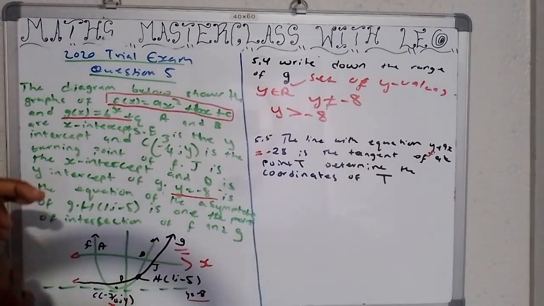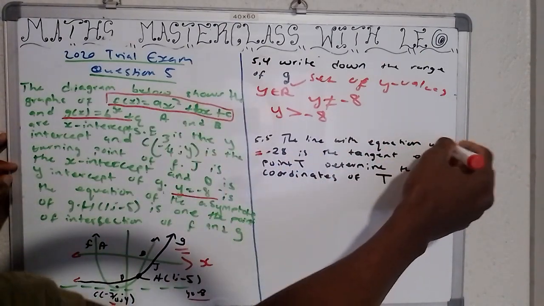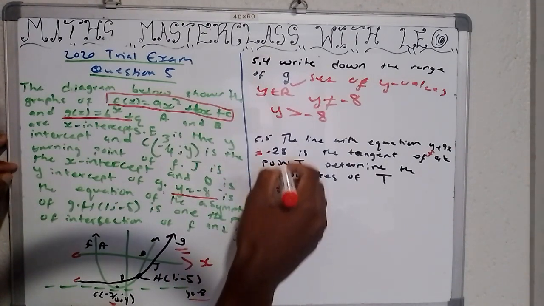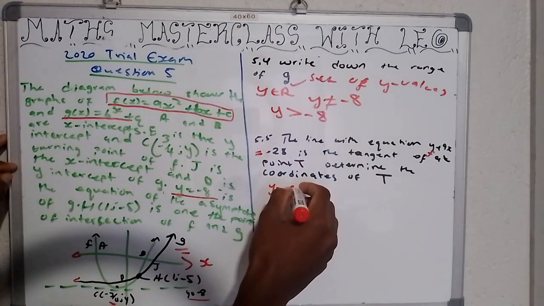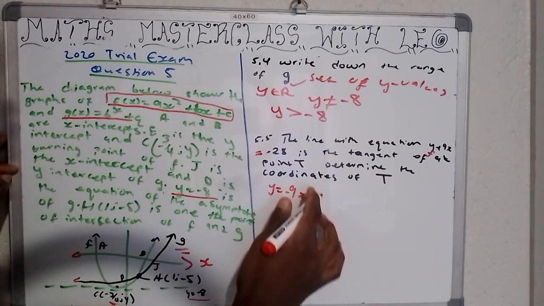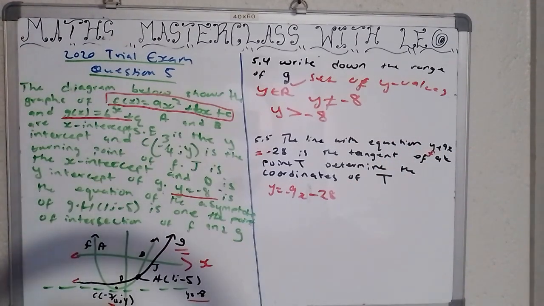If it's the intersection, let me make y the subject of the formula and use simultaneous equations. Then y is equal to -9x minus 28. I just took that 9x to the other side.